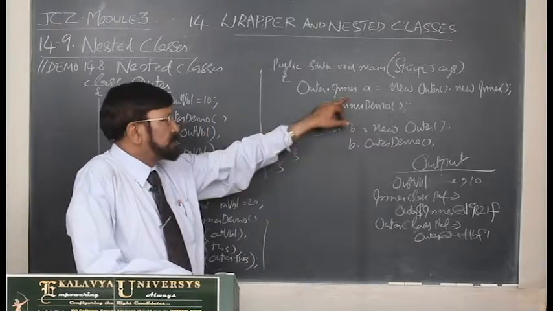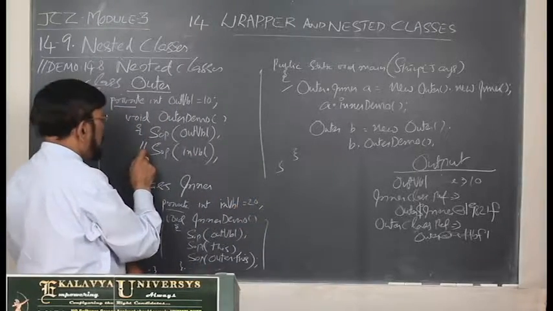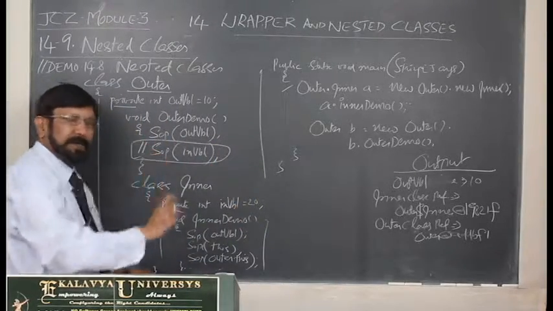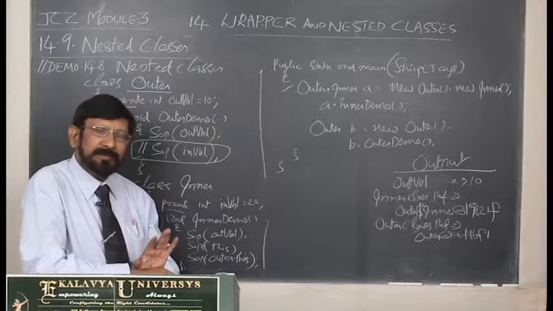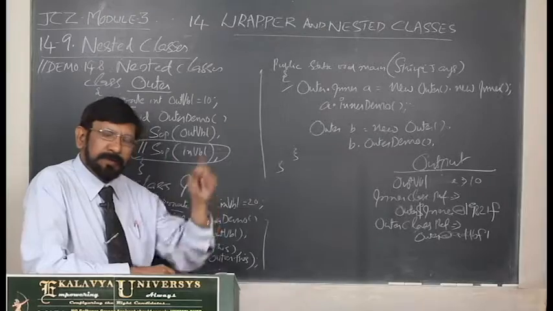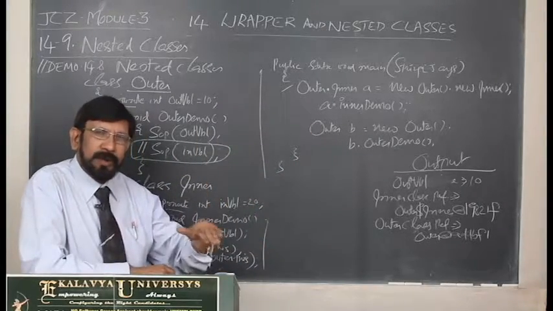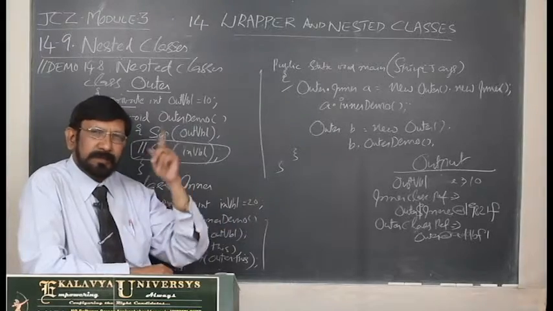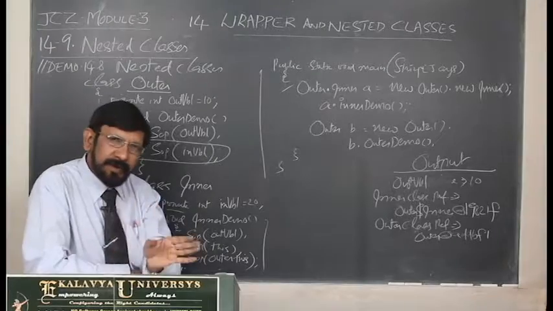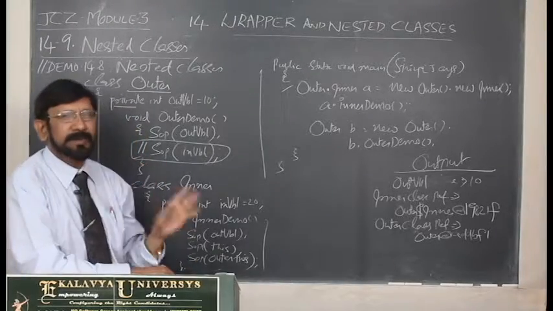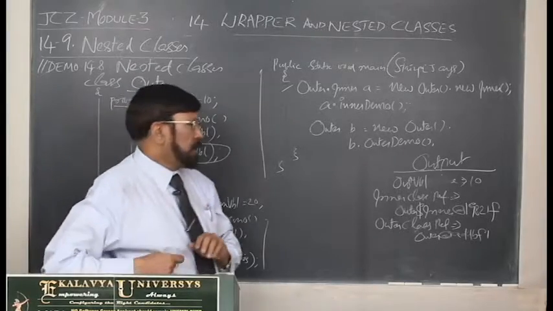Mainly, you have to understand this syntax, and you must underline this point: the inner class can access the private members of the outer class, private or non-private. The outer class cannot access the private members of the inner class. That means it can access only non-private members of the inner class. Through this program, you must understand this point.